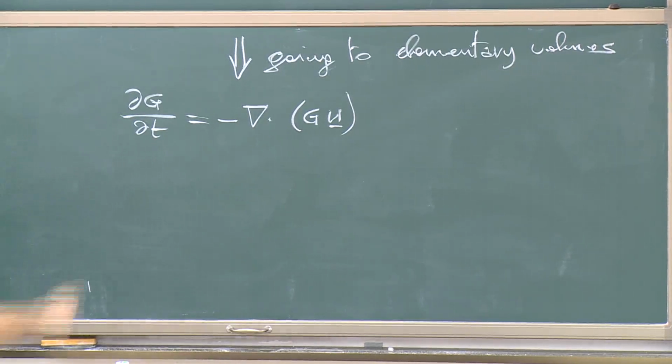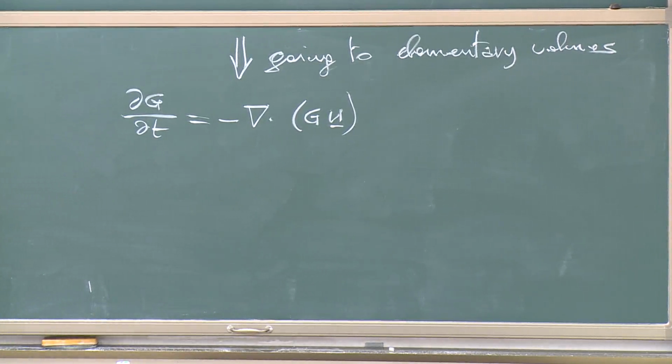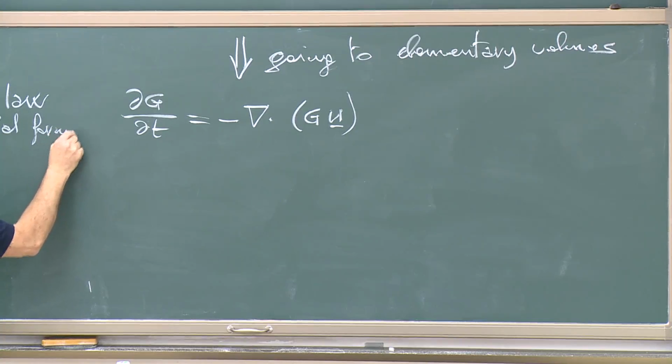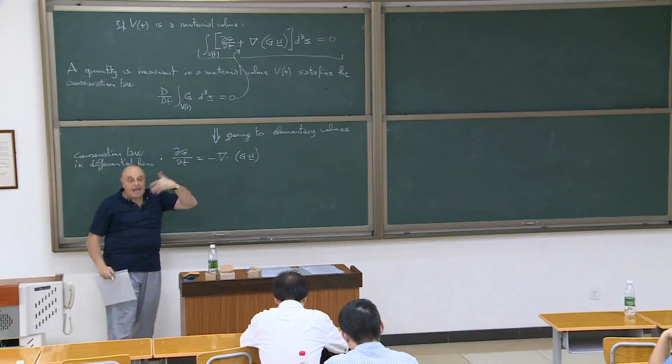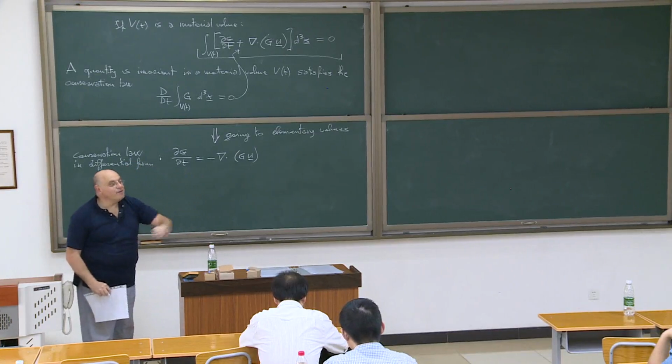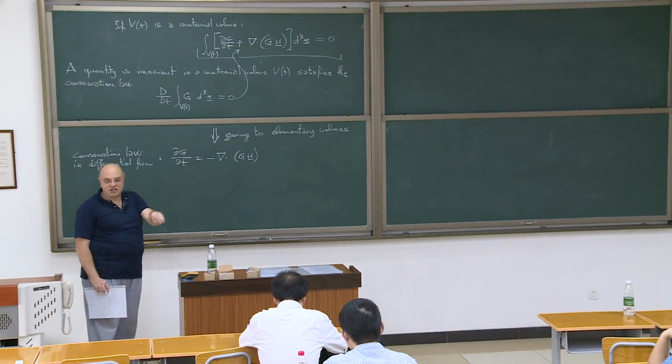Okay? So this is the conservation law in differential form. So we have the integral form, and we have the differential form, if we are allowed to perform this reduction.